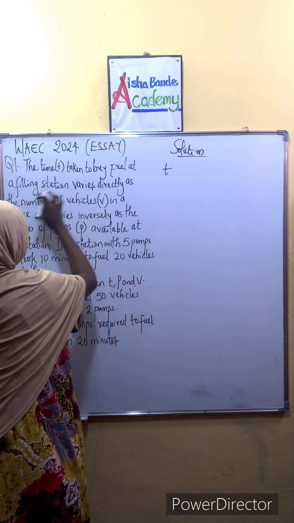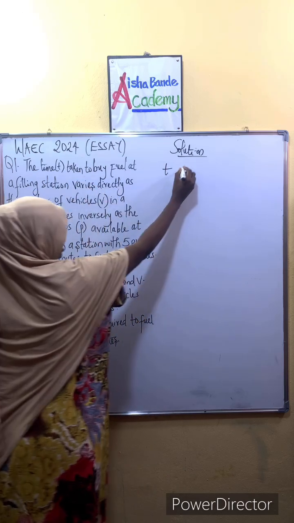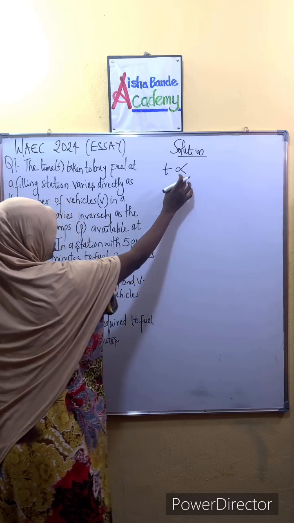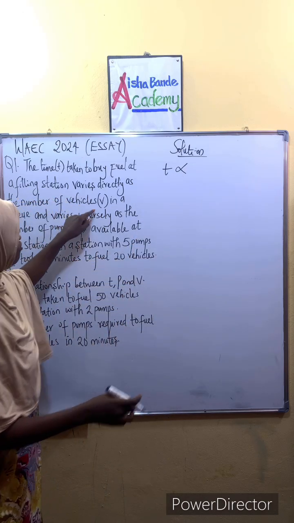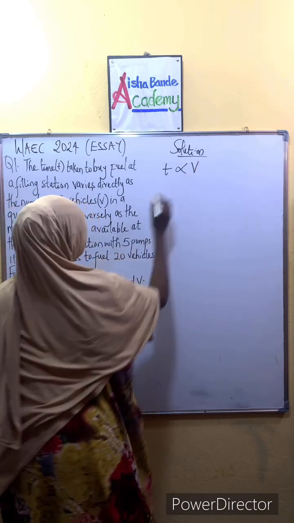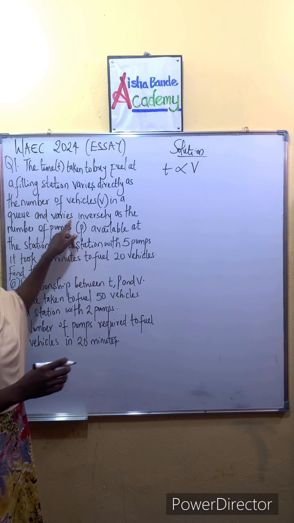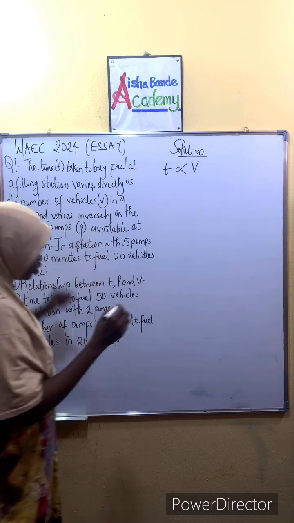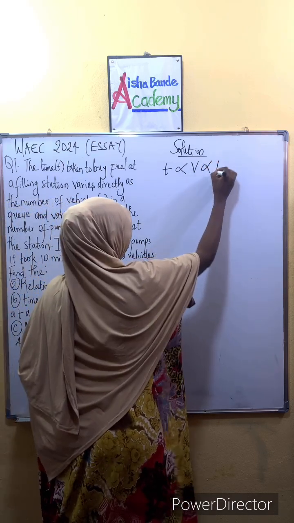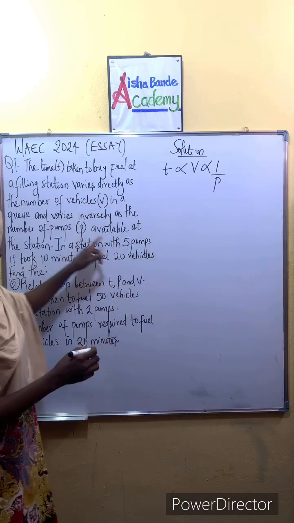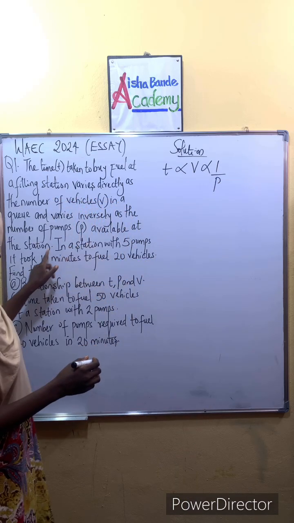taken to buy fuel at a filling station varies directly. This is the symbol for direct variation, as the number of vehicles V in a queue, and also varies inversely as the number of pumps, inversely, that is 1 over P, available at the station.